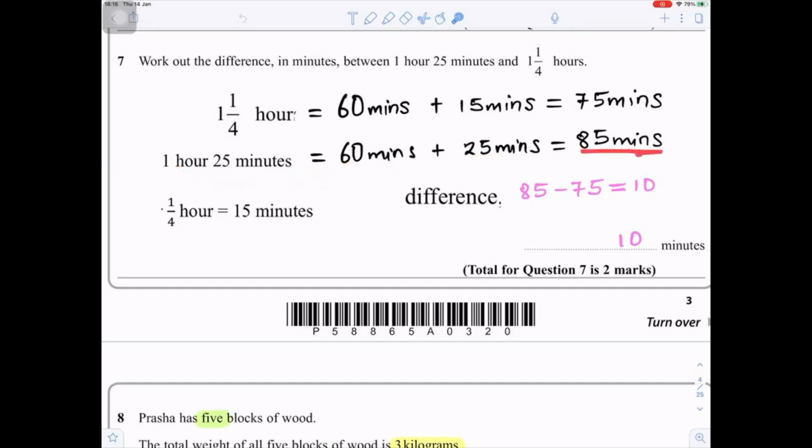That gives you 85 minutes. And the difference is 85 minus 75, which is 10 minutes. Remember, 1/4 of an hour is 15 minutes. It's the same as 1/4 times 60, which is 15, because it's 60 divided by 4.